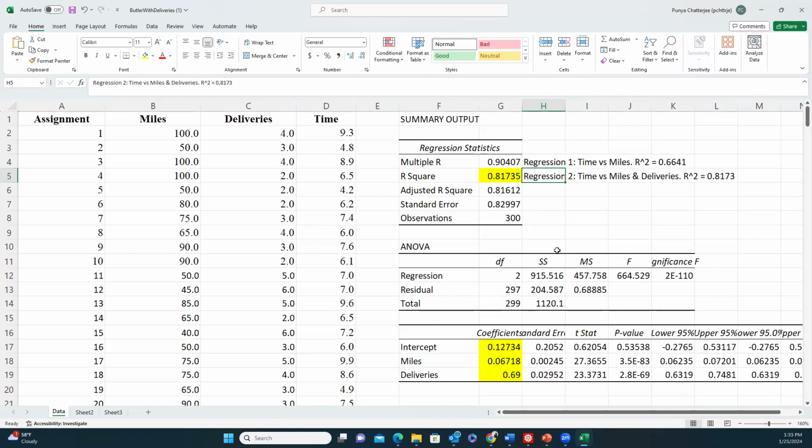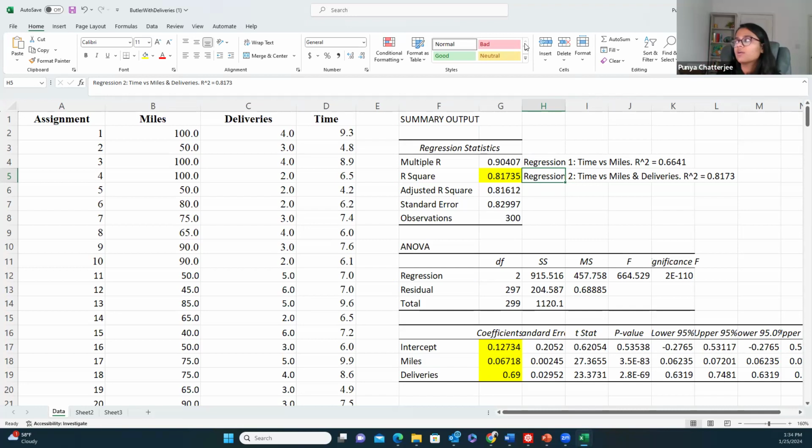I got a question. Where did you get that 0.6641 again? That number is basically what we did last class. In last class, we did a regression with time versus miles. We used a scatter plot and the regression equation, and then there was R-squared.